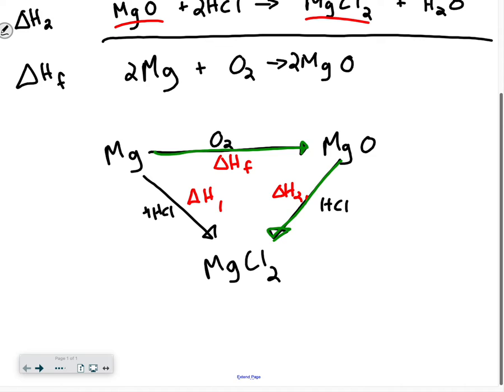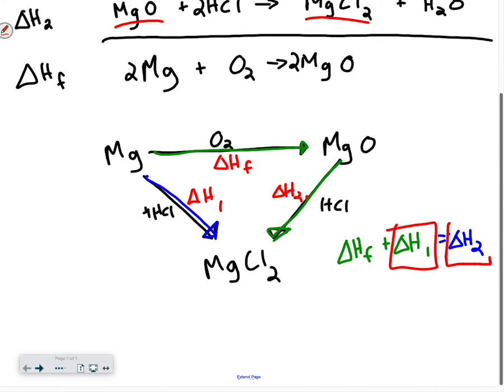The green arrows will equal the blue arrows. So delta HF plus delta H1 will equal delta H2. So we have to measure delta H1 and delta H2. Okay, so that covers probably the first question and the second question of your pre-lab.